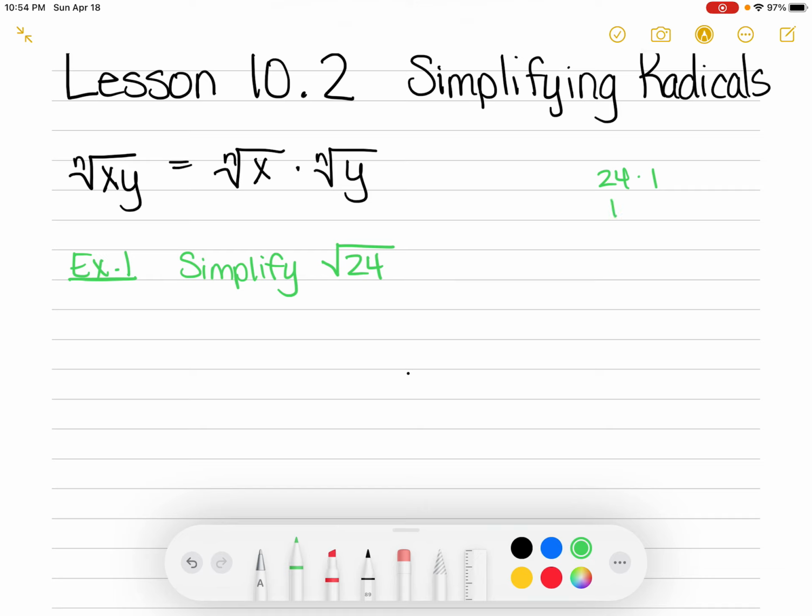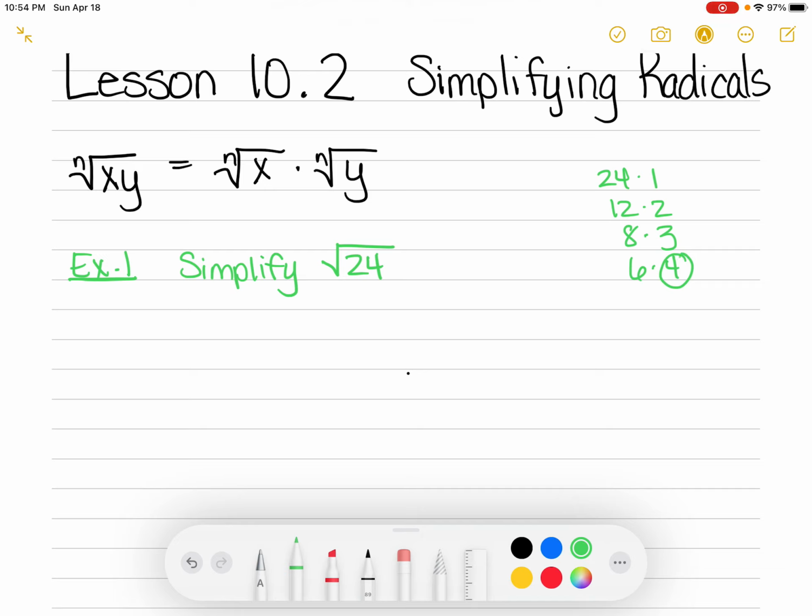So 24 and 1, 12 and 2, 8 and 3, and 6 and 4, right? Okay, so those are all the factors of 24. The factors are numbers that can be multiplied to get that number. So when I look at these numbers, I see a square in these numbers, and that's the 4.